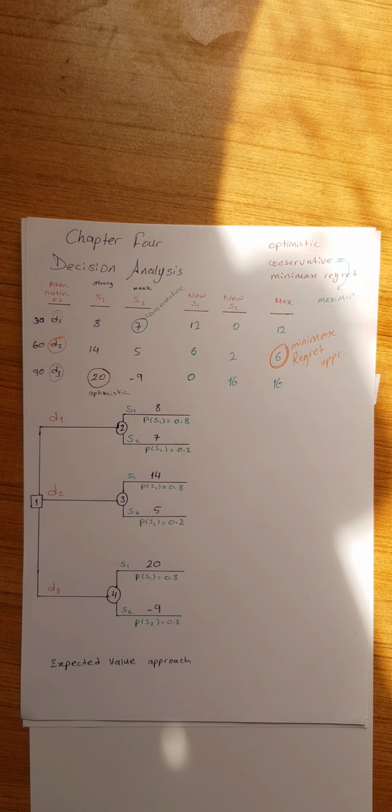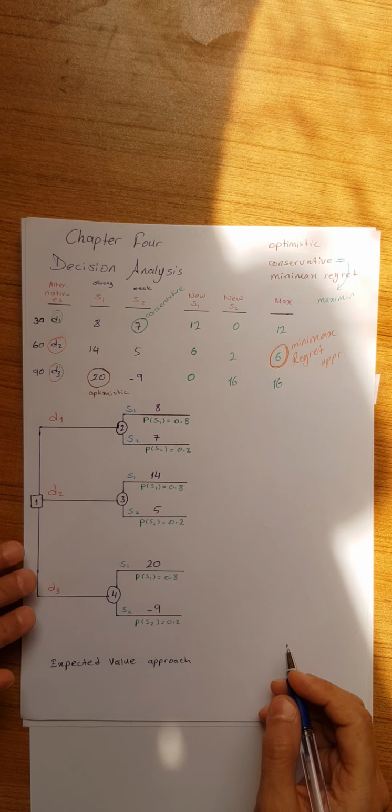How do we find expected value? We are finding expected value for each alternative that we have got. How do we find it?